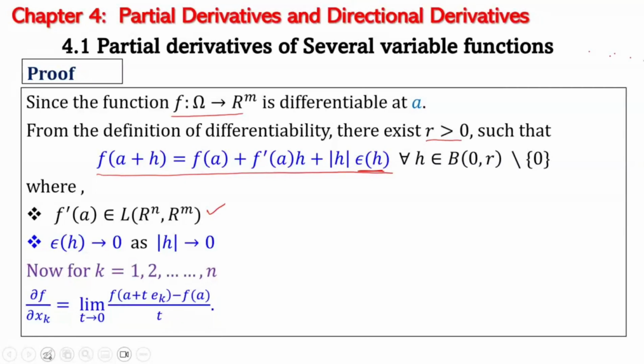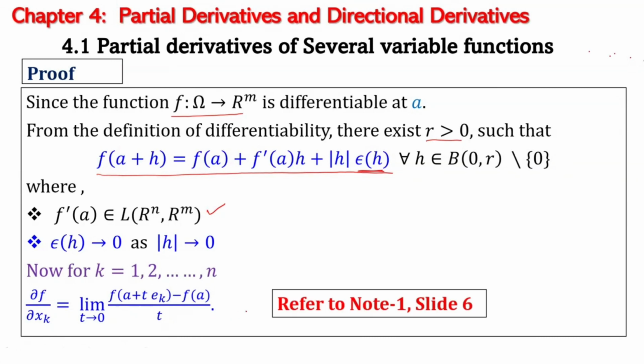We already formulated in the previous lecture that the partial derivative with respect to a variable xk can be written in this form, so we are going to use it to prove our theorem. This formula is given in the previous lecture, slide number 6.